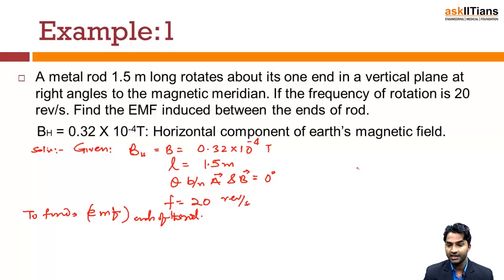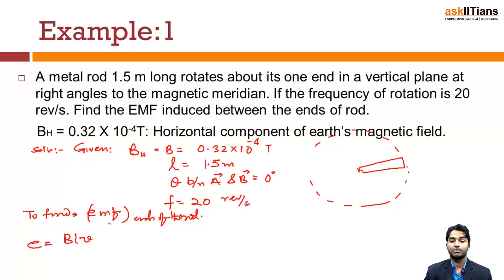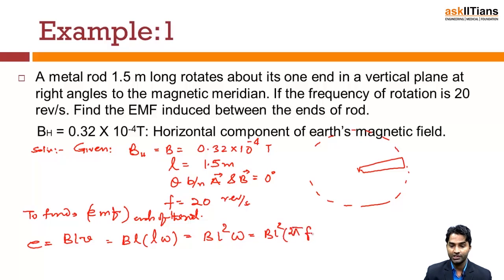So there is a rod rotating about one end. We need to understand that E is equal to BLV, because it is a case of motional EMF, and V is equal to L into omega. So we get E equal to B L square omega, where omega is the angular speed, equal to 2 pi F. So E is equal to B into L square into 4 pi square into frequency square.